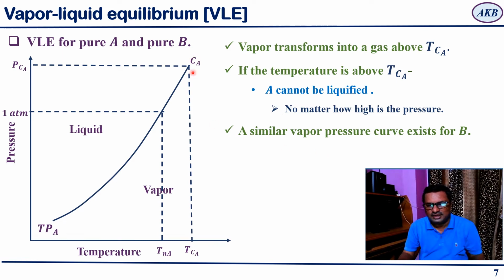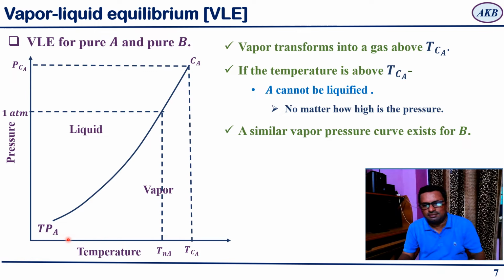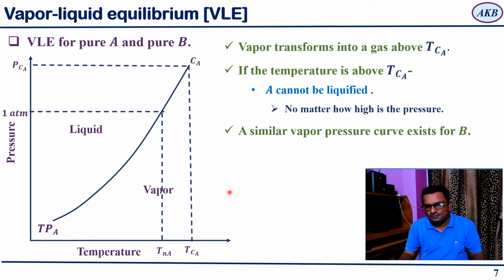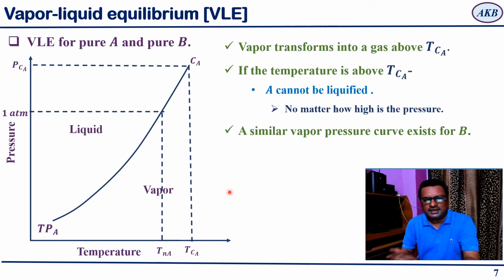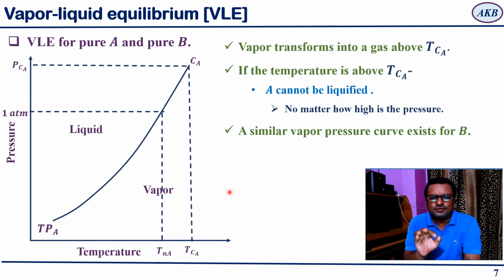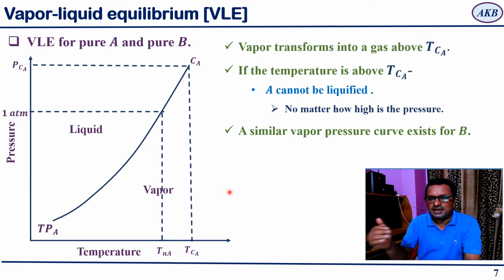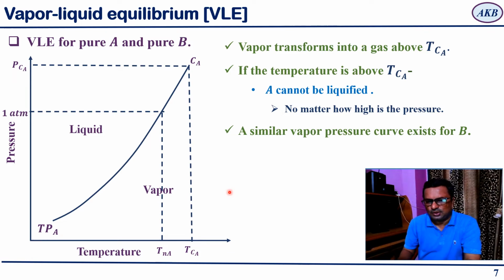So for B, you will again have a curve that extends from its critical point to its triple point, with its critical temperature and critical pressure. So that ends our discussion on VLE for pure components. We have discussed it for pure A, and the corresponding discussion applies for any other pure component.